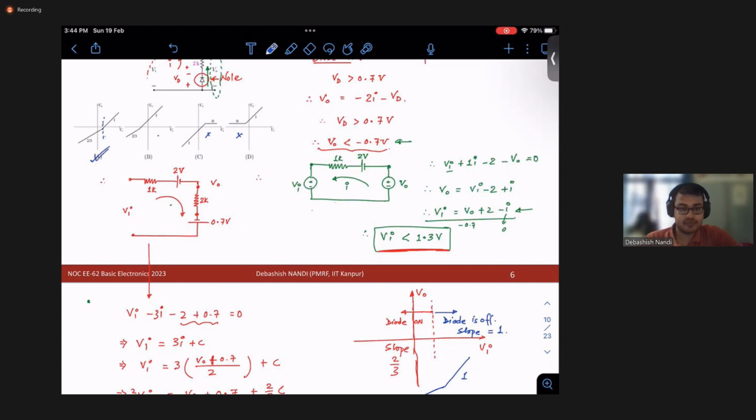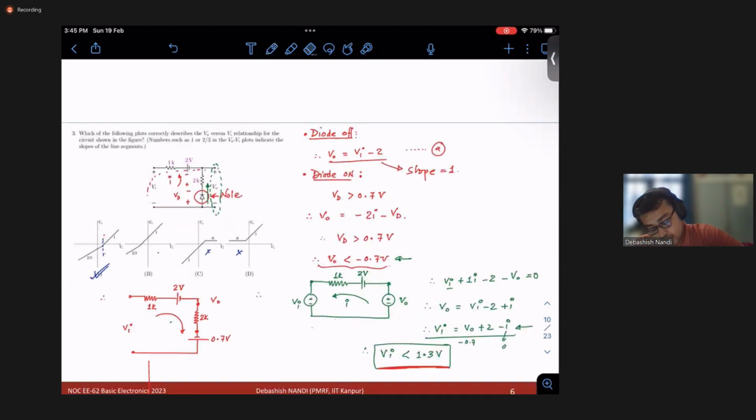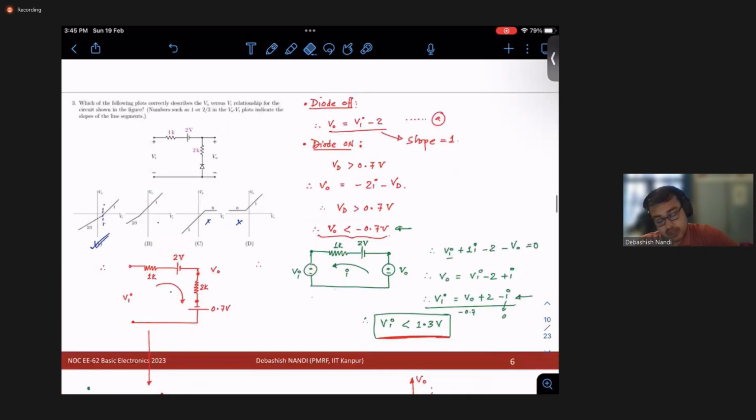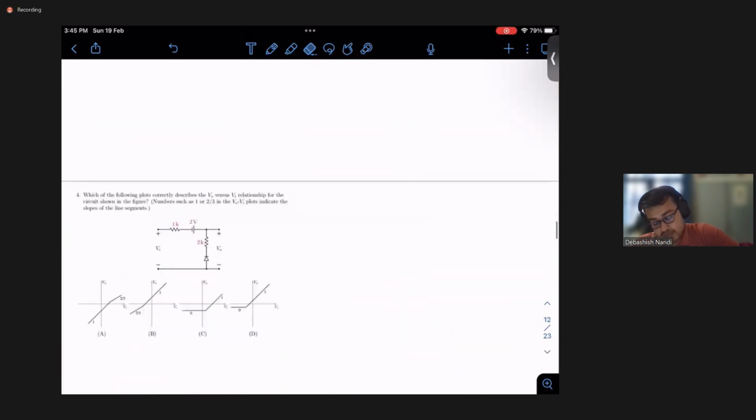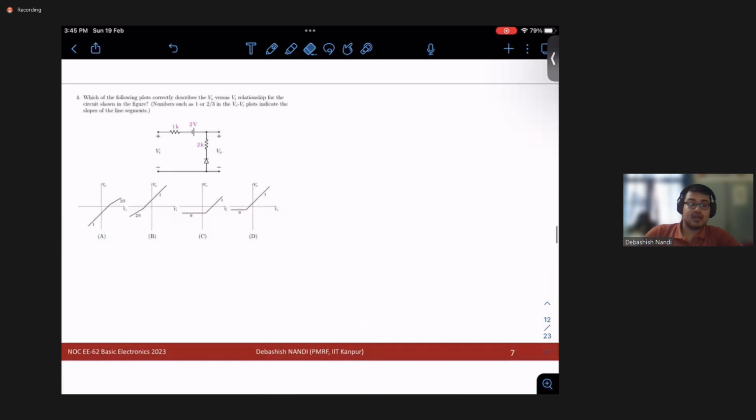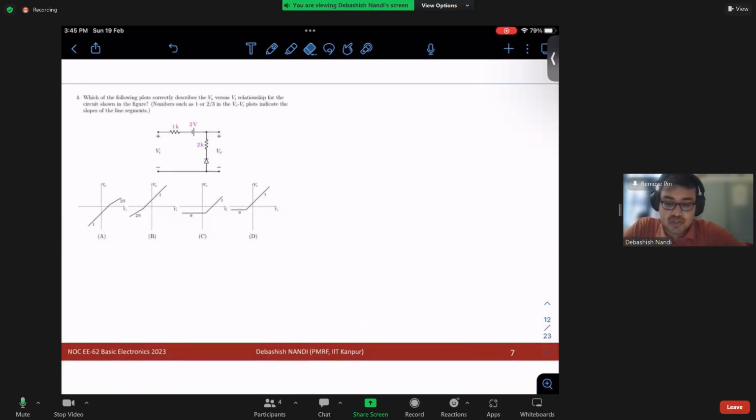Okay, so let's remove this part. Let's move on to the next problem, and I would ask you to unmute yourself and please assist me to solve it.